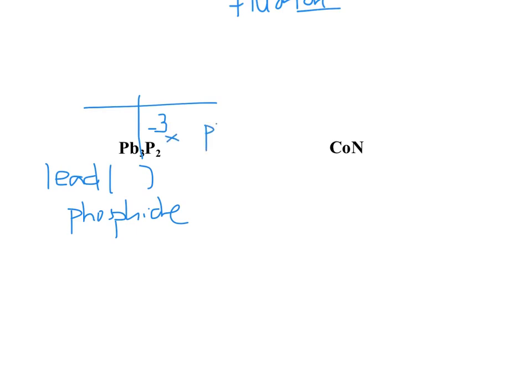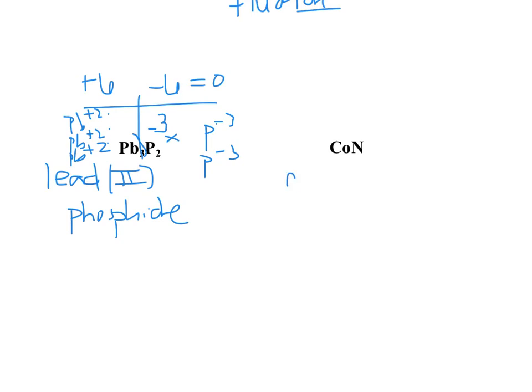So literally imagine there's 2 phosphide ions floating around. That creates a -6 total charge. Therefore, to be balanced, there has to be an overall +6, but there's 3 lead ions. So each lead, if you use 6 divided by 3, would have to be carrying a +2 charge. So this is lead(II) phosphide.